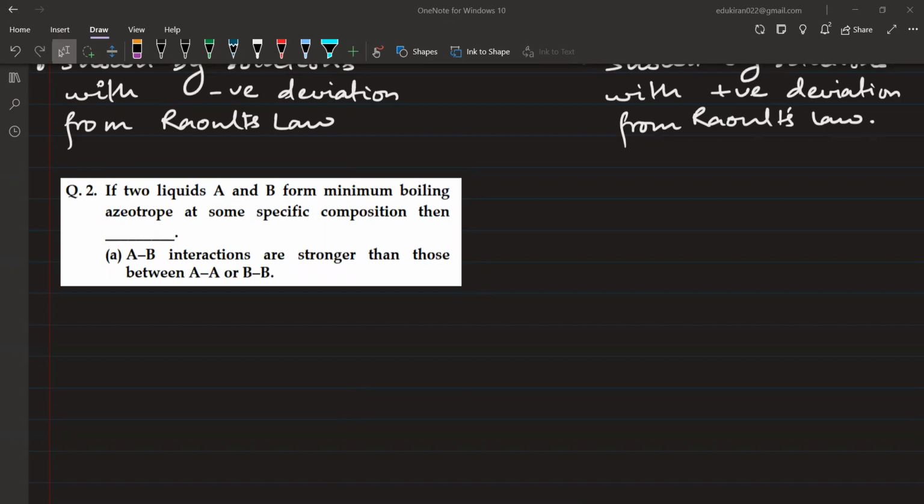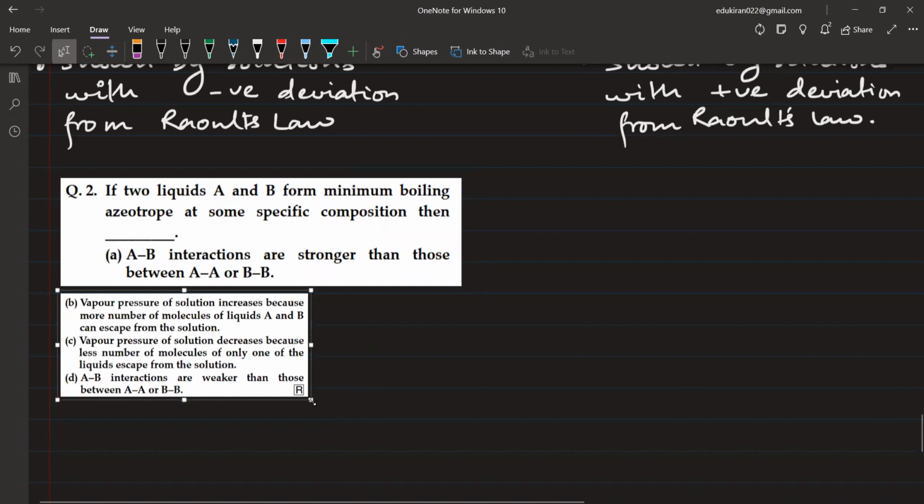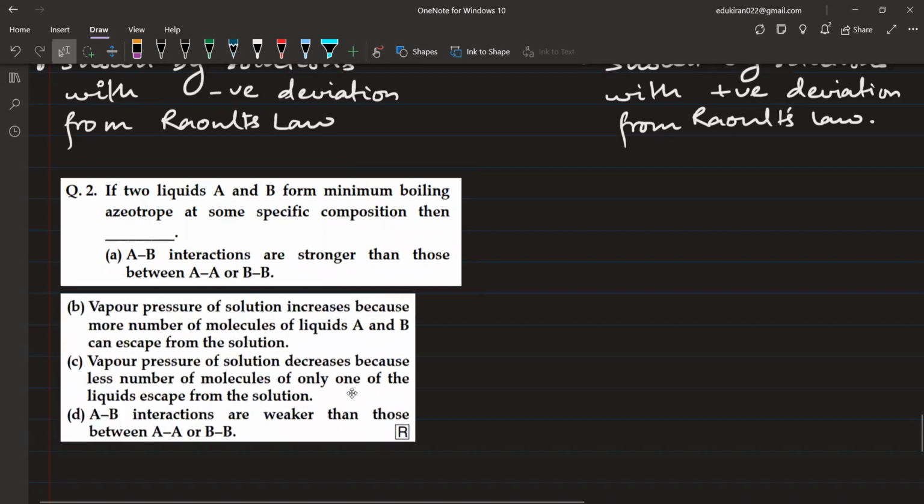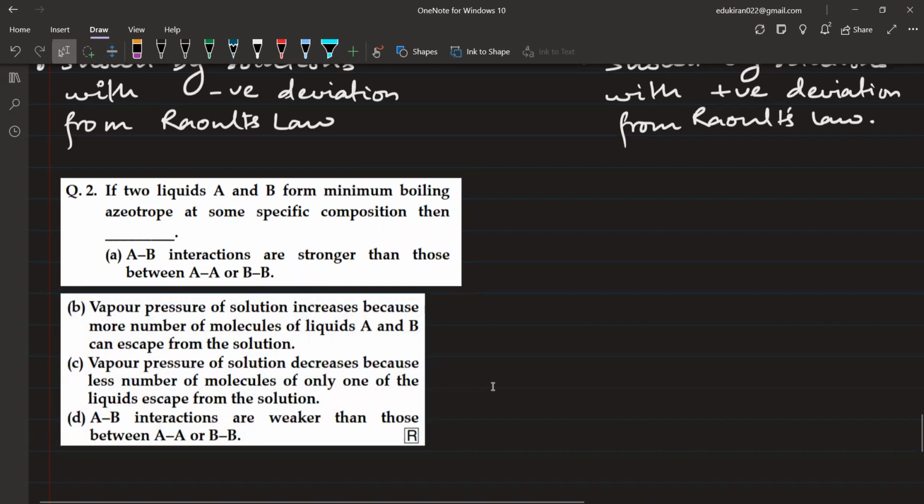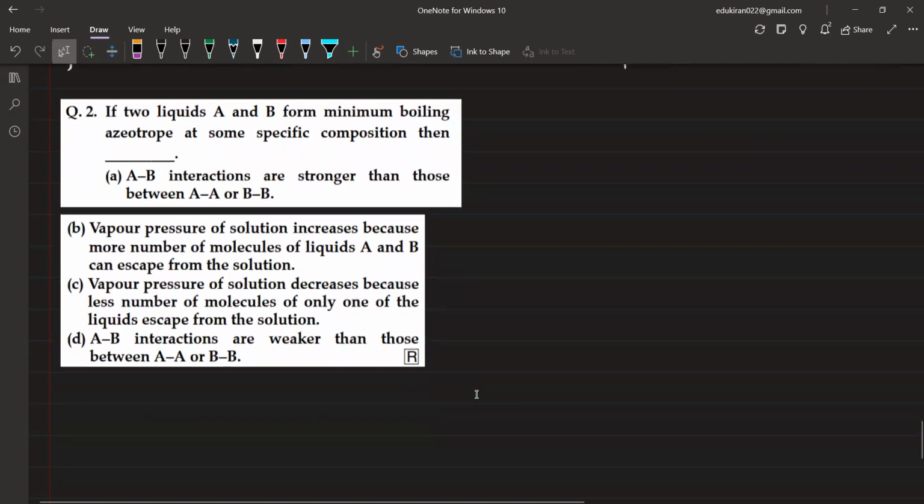Just give me some more space here. If two liquids A and B form minimal boiling azeotrope at some specific composition, then क्या होगा? A and B का interaction stronger होगा A और B से. Please choose the correct option यहाँ पे.